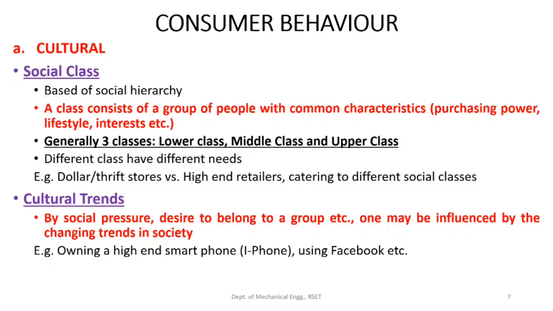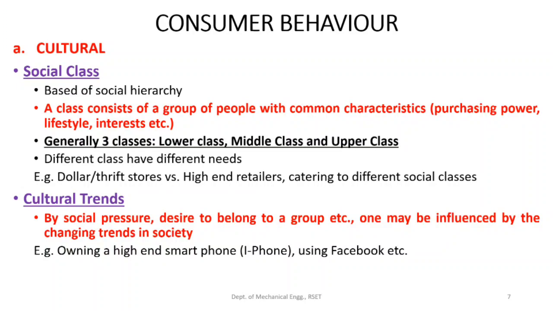These common characteristics can be purchasing power, their lifestyles, their interests, etc. So, based upon the class to which a person belongs, their needs will be different, and correspondingly, the way they behave will also be different.